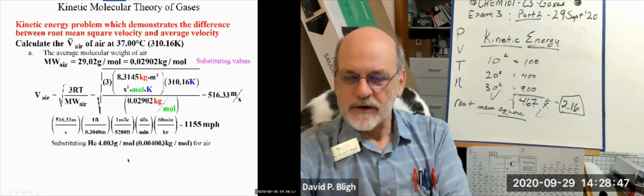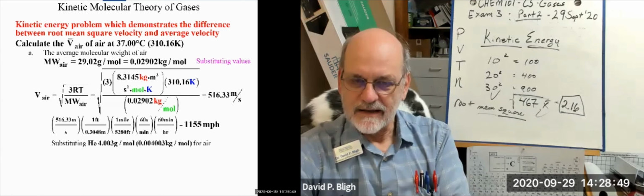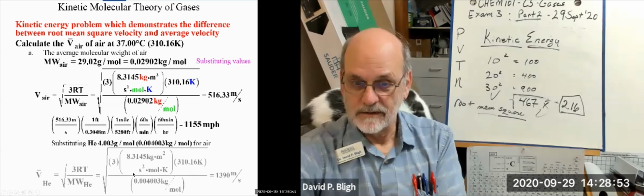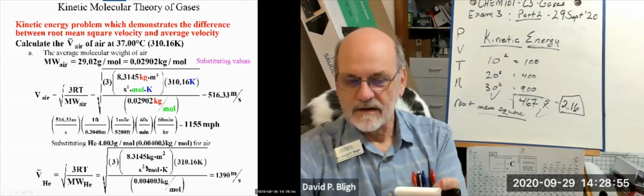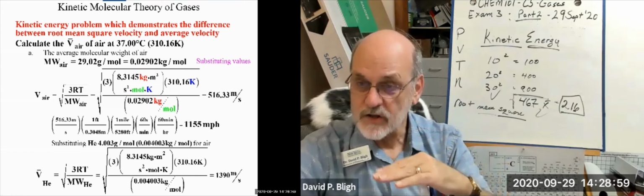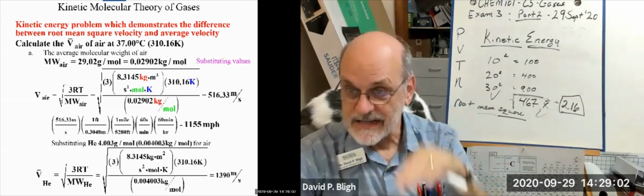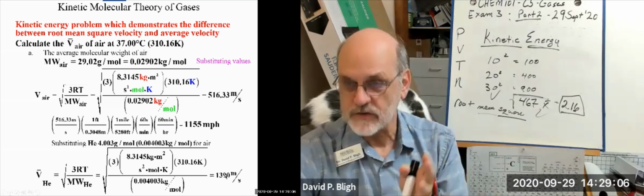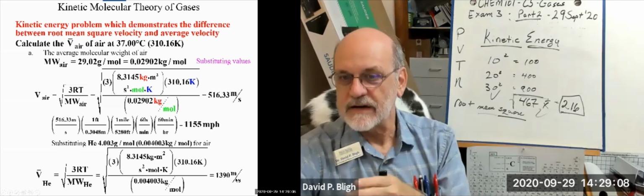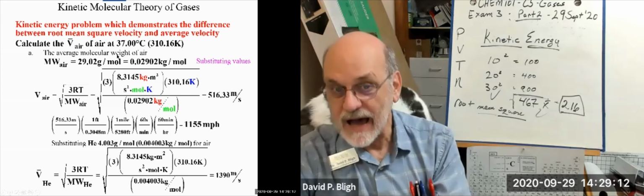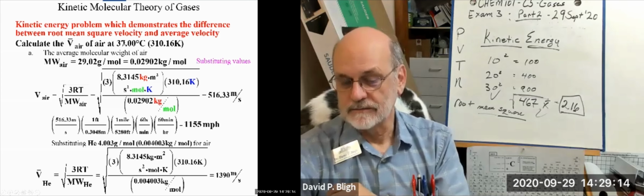So if we substitute helium in there instead of air, then we find that we've decreased the molar mass of the molecules from nitrogen and oxygen to helium, which is a lighter molecule. We find that it has to move faster to give us the same average kinetic energy represented by that temperature.